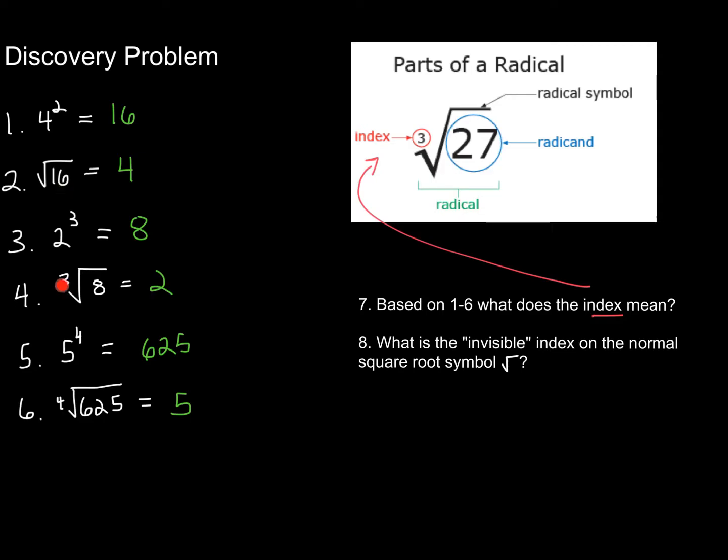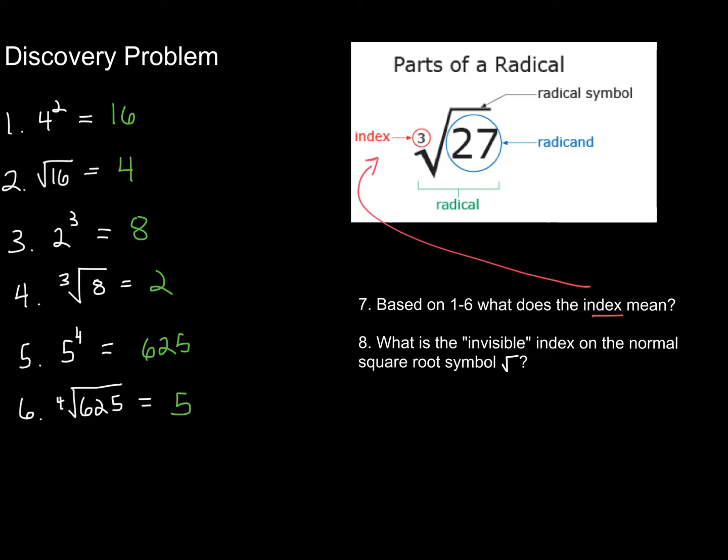Since here I'm looking for the cube, or the 3rd root of 8, that means I'm looking for a number that I can multiply by itself 3 times to equal my radicand. And since here I'm looking for the 4th root of 625, I'm looking for a number that I can multiply by itself 4 times to equal the radicand. So that's exactly what the index is indicating. How many times must I multiply that root in order to equal my radicand?